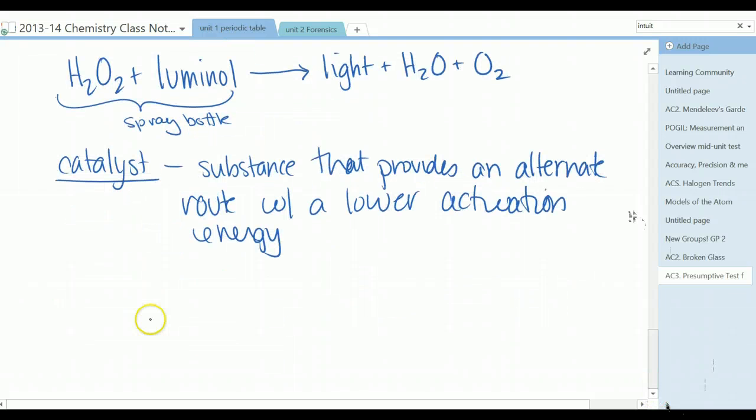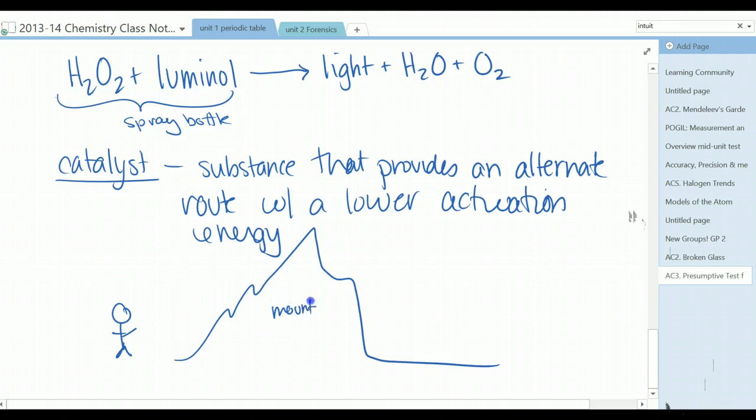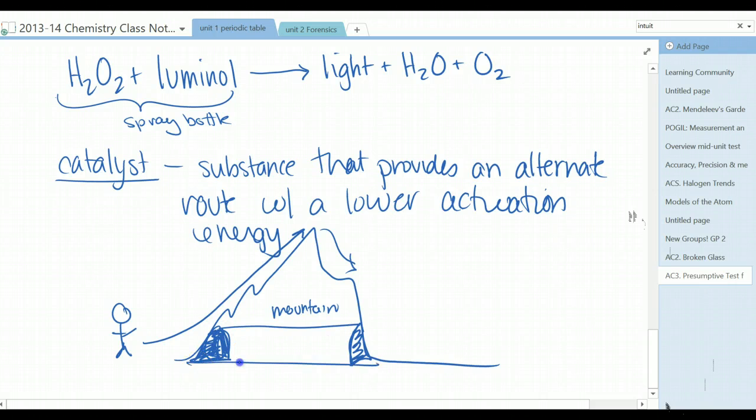So an example would be, like, let's say that a bunch of people are going to climb a mountain, okay? And only some of them can make it up and over the mountain. However, someone comes along and they dig a tunnel through the mountain, okay? So that tunnel takes lower energy to get through.